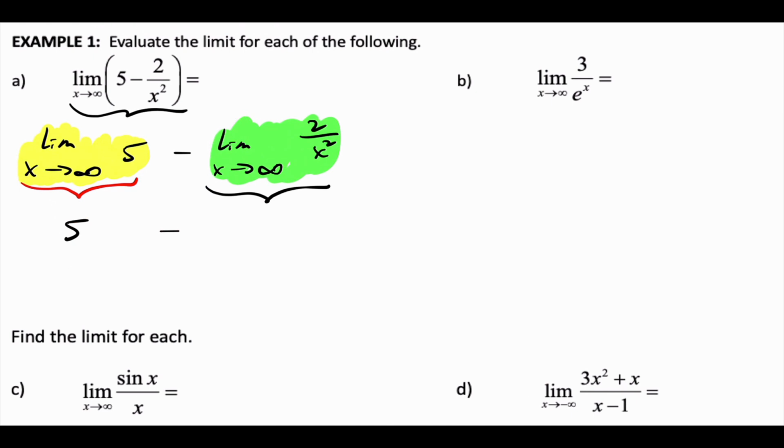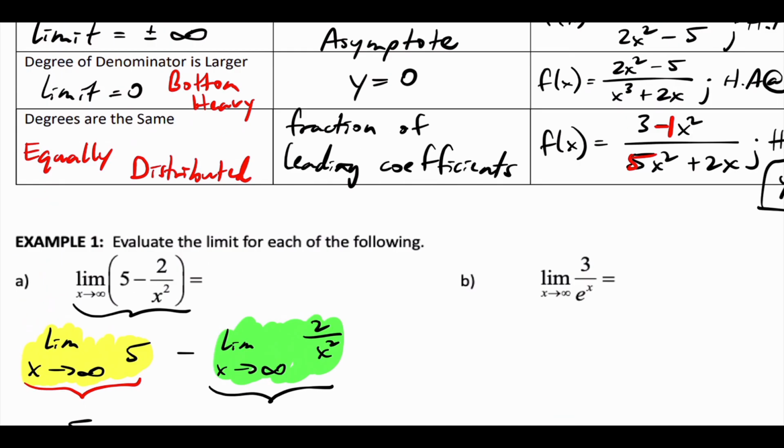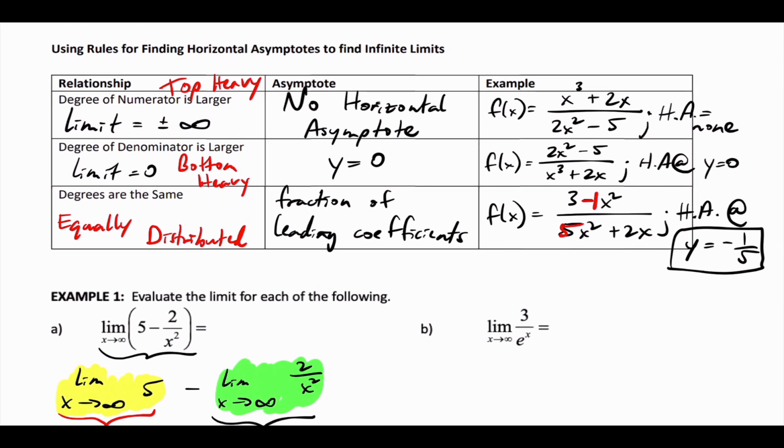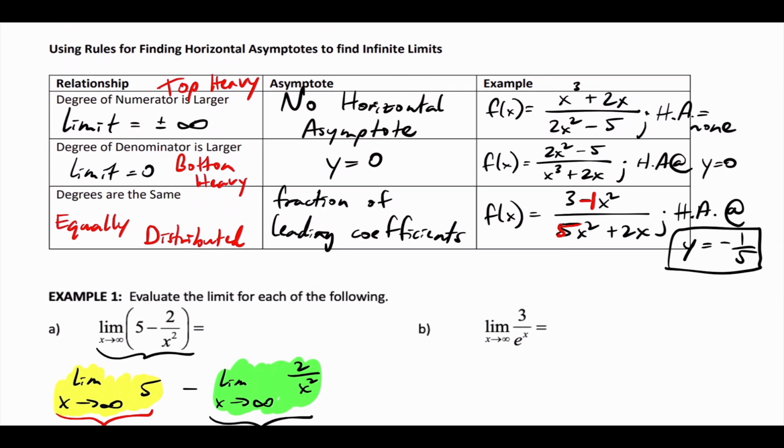This one's got a variable. But again, I can't plug in infinity because it's not a number. But does it look like one of these guys up here? Which one does it look like? Is it top heavy, bottom heavy, or equally distributed? Bottom heavy, right?